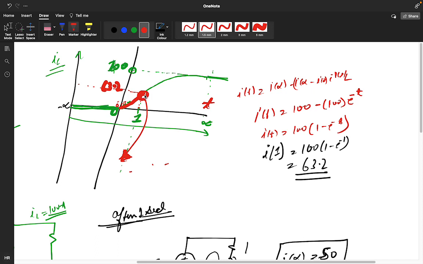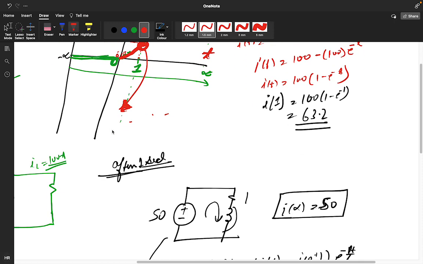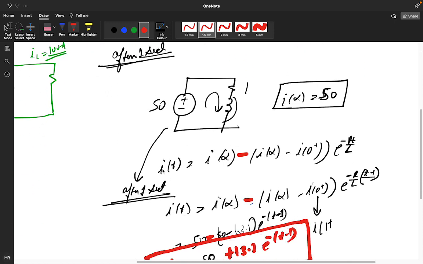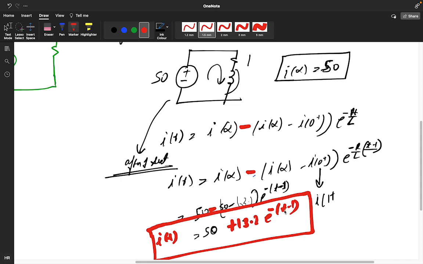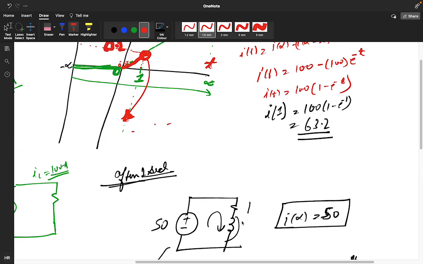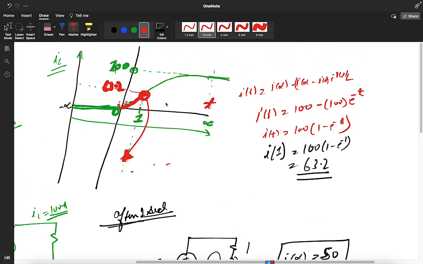Due to the switching operation, the value got shifted. If you put t equals infinite, the exponential term becomes 0, and this value will terminate like this. So it's becoming 50 at t equals infinite.